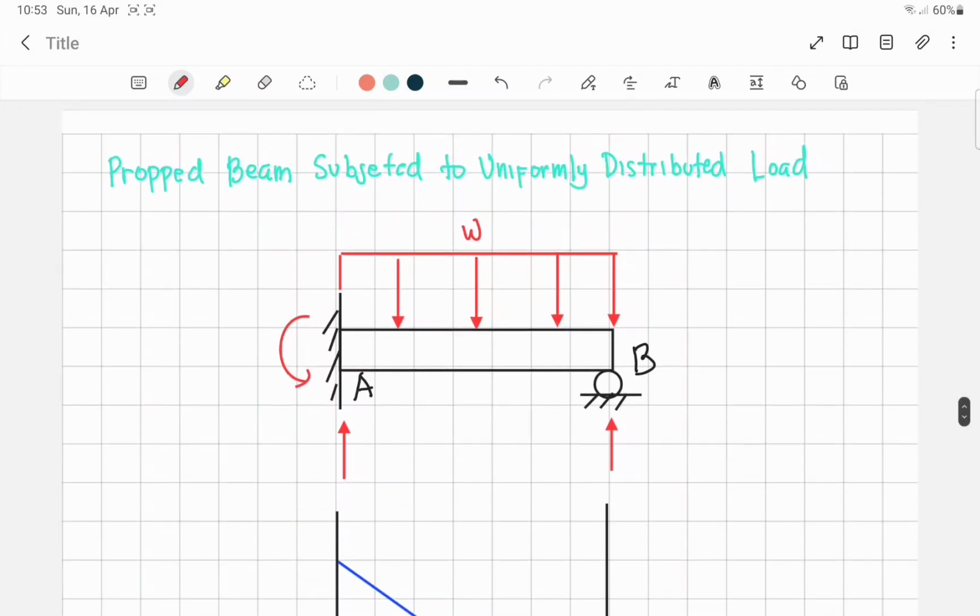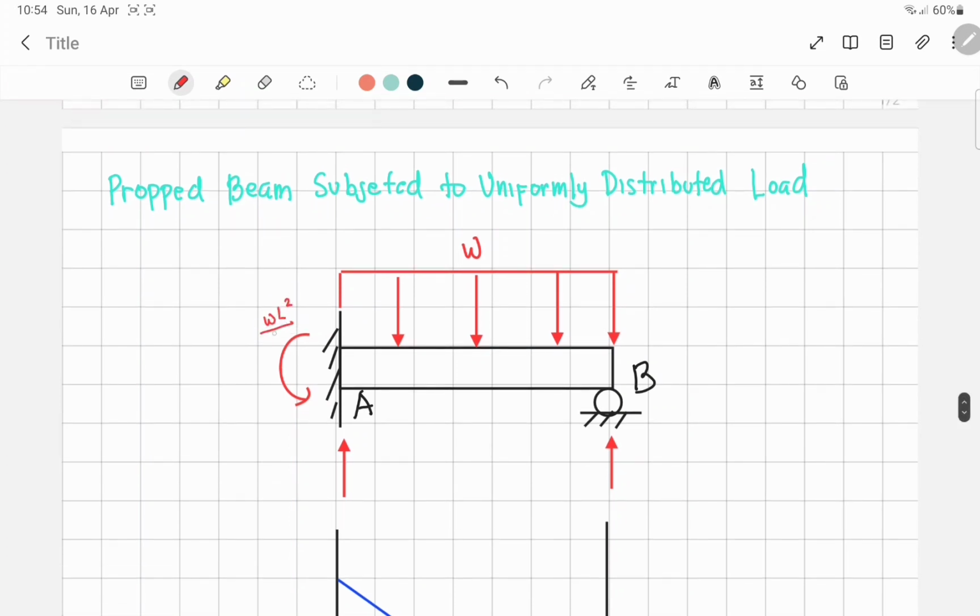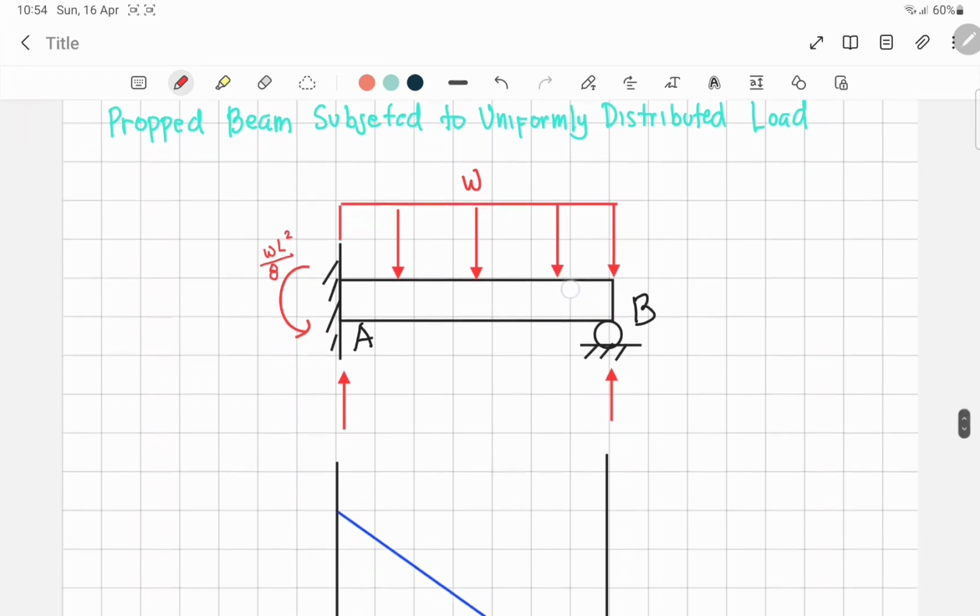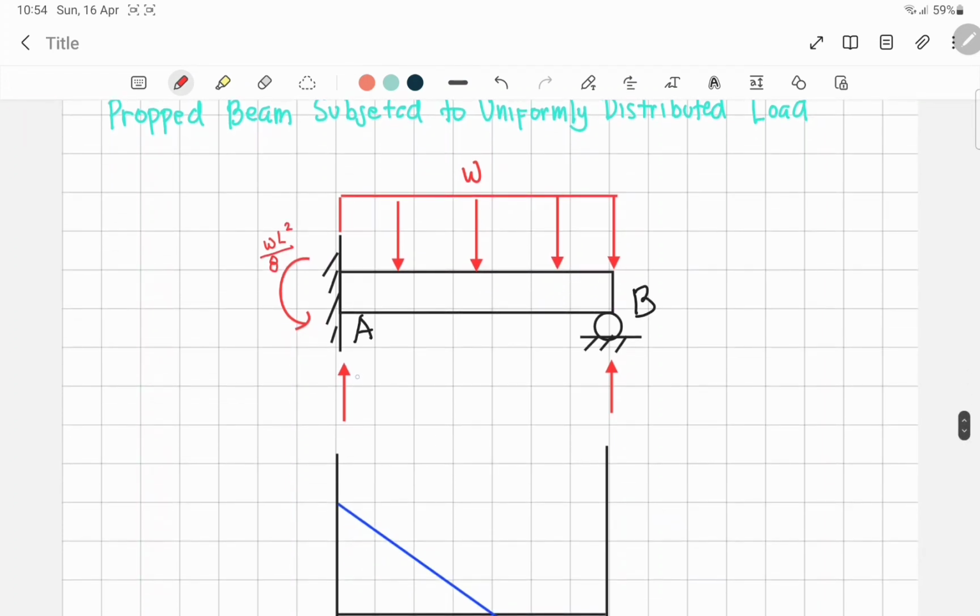For the moment at the fixed support, the given formula is WL squared over 8. For the reaction at the fixed support, we have 5 over 8 WL.